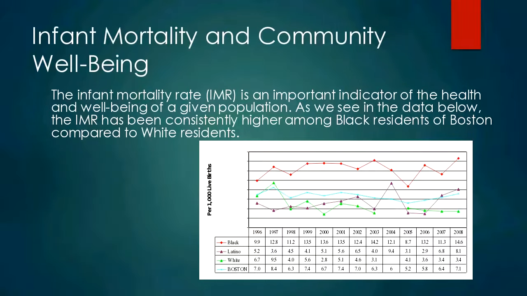There's been a lot of research to better understand why this is the case. And one of the things that's really jumped out is the fact that racism in particular has a powerful influence on infant mortality rates, because of the impact of exposure to racism on the body's stress responsive axis and the long-term impact of that exposure on both pregnancies and other health outcomes.